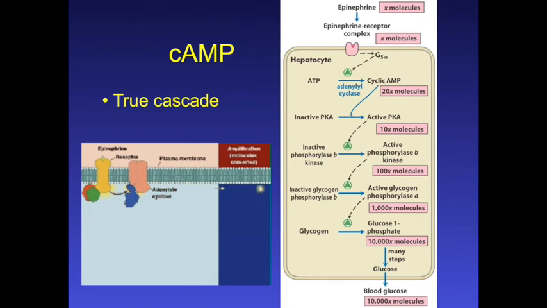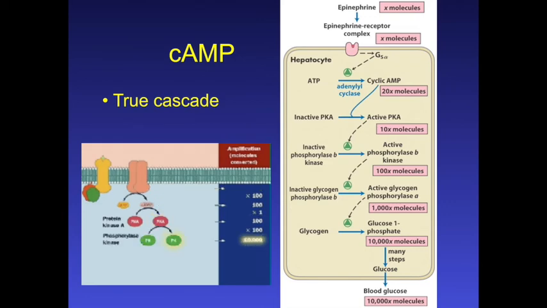The activated adenylate cyclase may catalyze the formation of 100 molecules of cyclic AMP from ATP. Each molecule of cyclic AMP can activate a molecule of protein kinase A, and each of those enzyme molecules may catalyze the activation of 100 molecules of phosphorylase kinase, and each of those enzyme molecules may catalyze the activation of 100 molecules of glycogen phosphorylase, and each of those enzyme molecules may catalyze the conversion of 100 molecules of glycogen to glucose 1-phosphate.